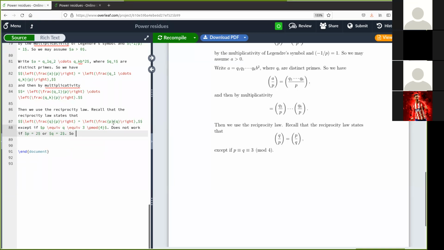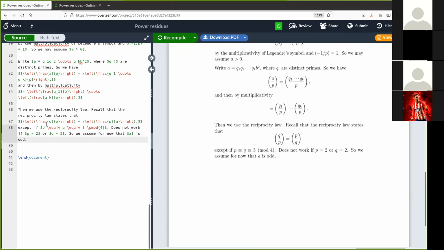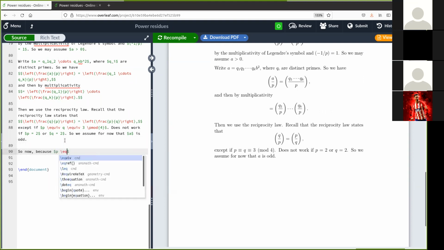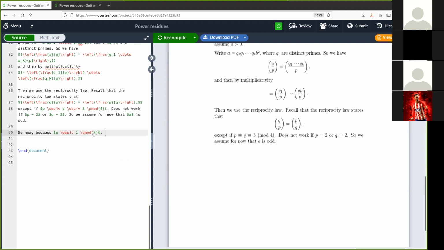So we assume for now that A is odd, but we'll cover the case A is even a bit later in the end. Because we made the choice that P is 1 modulo 4, we can swap the symbols, and we do not have any sign issues, as would be the case if we have 2 primes which are 3 modulo 4.